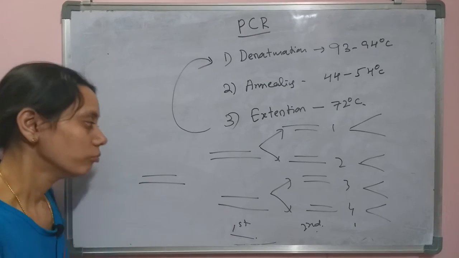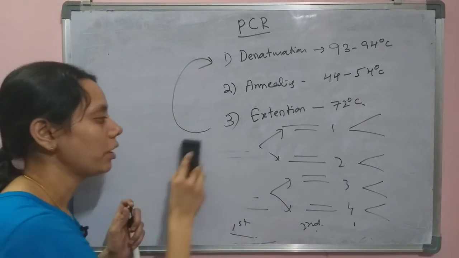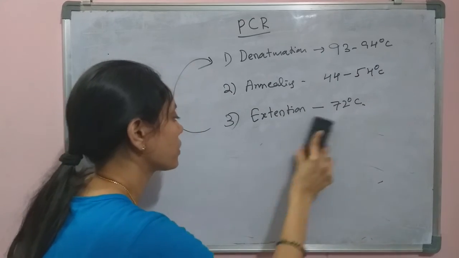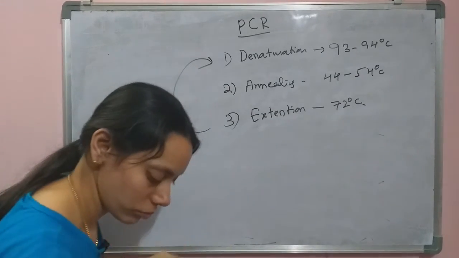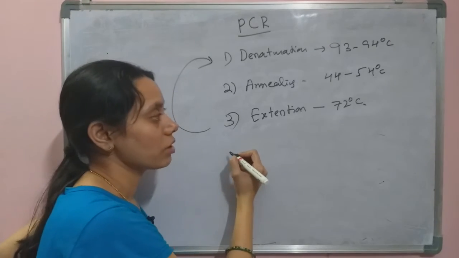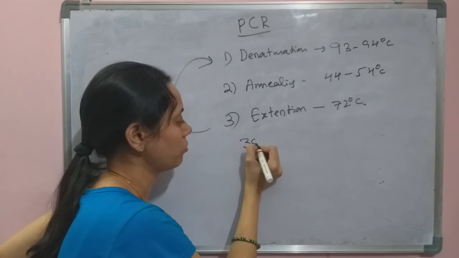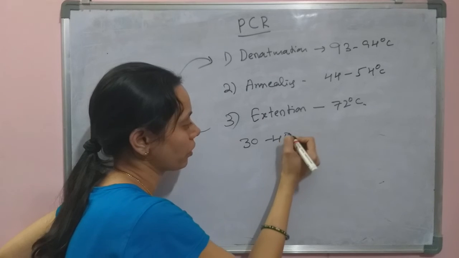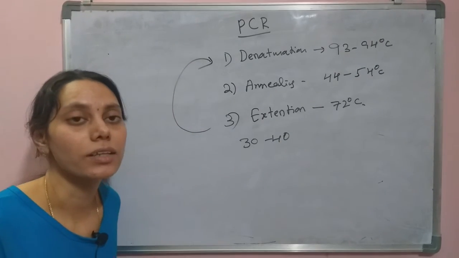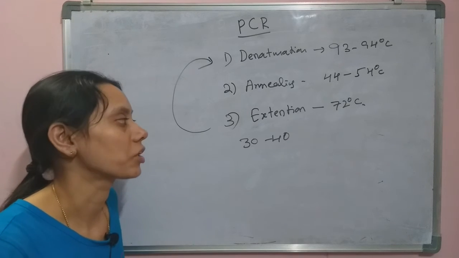Like that, whatever the amount we require, we need to decide the number of cycles. So basically here the number of cycles is generally between 30 to 40 to get enough quantity of the DNA. That is the average number of cycles we generally use in PCR reactions.